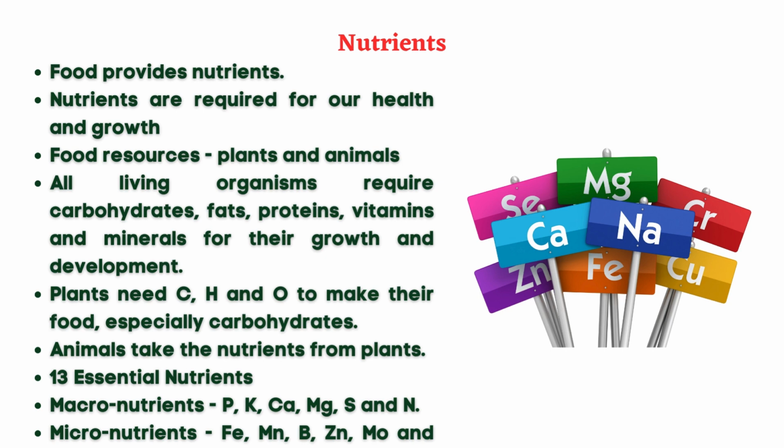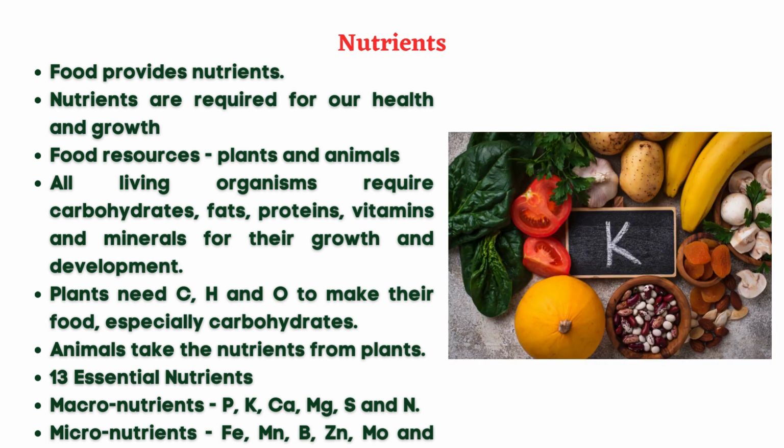That is, they are essential nutrients. These are essentially required for the growth and development of any living being, let it be cattle or human being or anything. For example, we need potassium to strengthen our inner muscle.